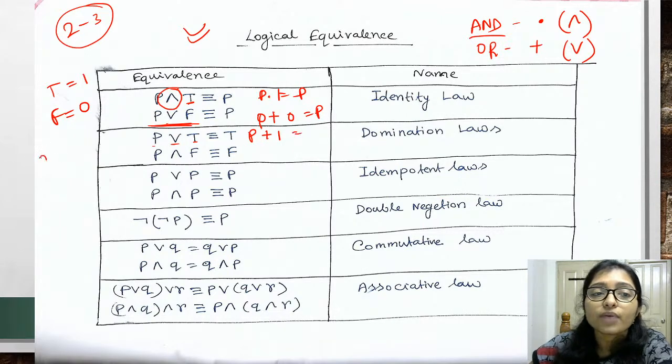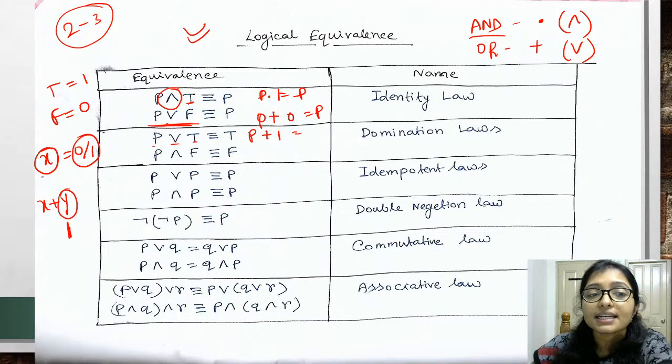Anything with 1, you can think like that: x is 0 or 1, anything can be there. If you do x plus y, and if y is always 1, then the other value is not affecting it, because when you are doing addition, whether the value is 0 or 1, definitely it will be 1.